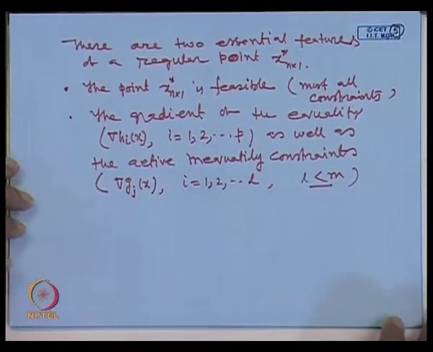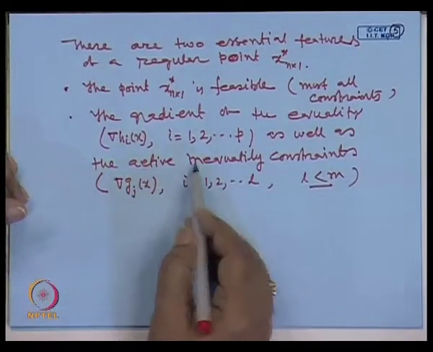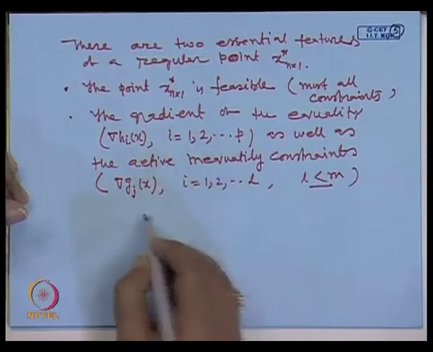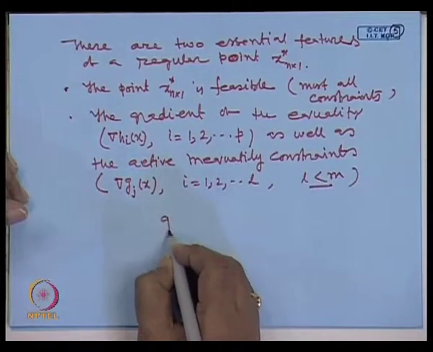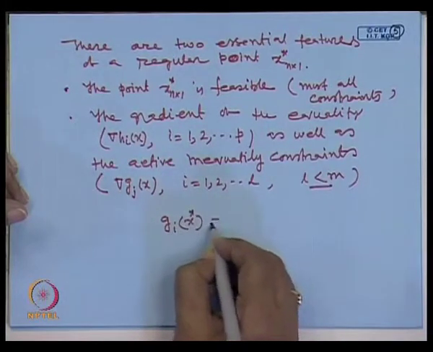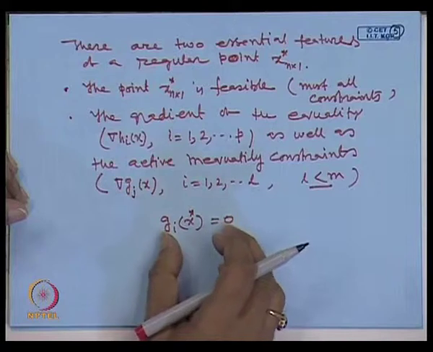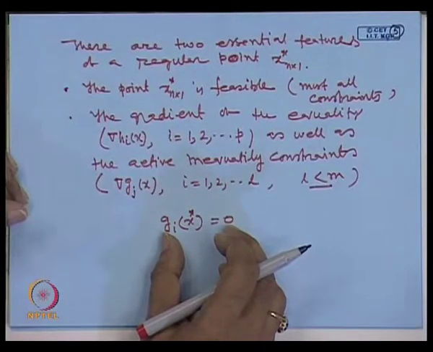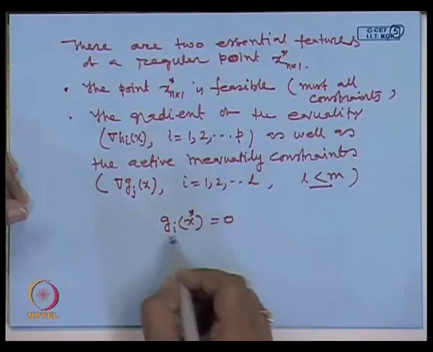And what is an active constraint? Active constraints are those where, for this value of x, g_i(x star) equals 0, which means the constraint is more stringent, the condition is strict.